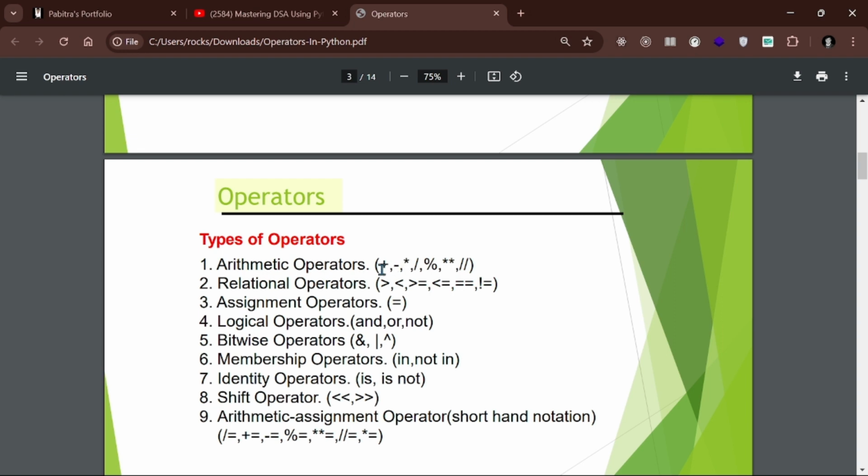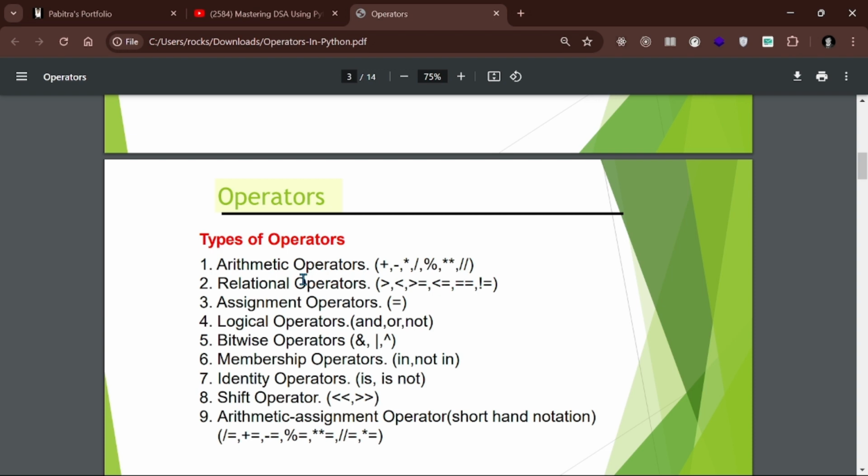Now we have relational operators. These are the ones we use for comparison, like greater than, less than, greater than or equal to, less than or equal to, equal to and not equal to, and these types of things basically.